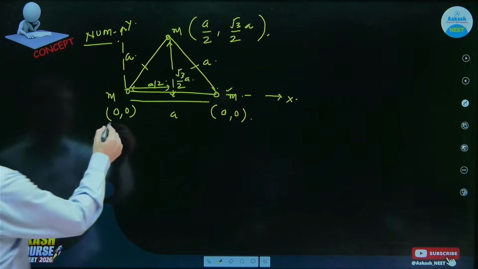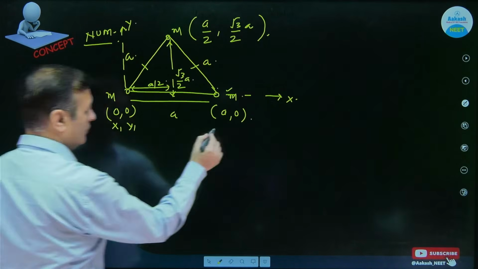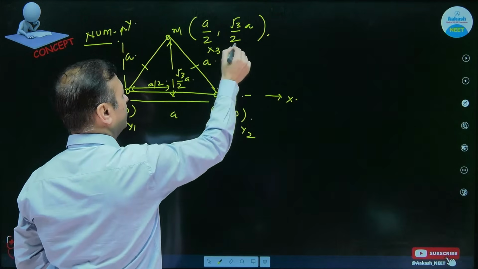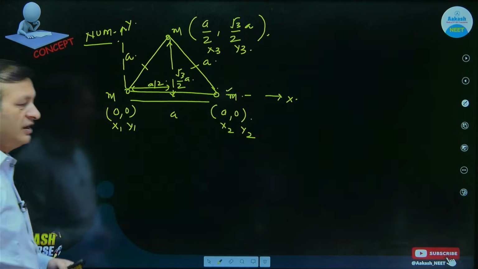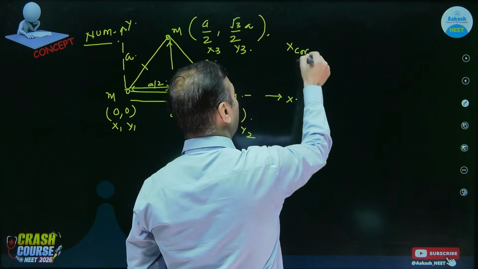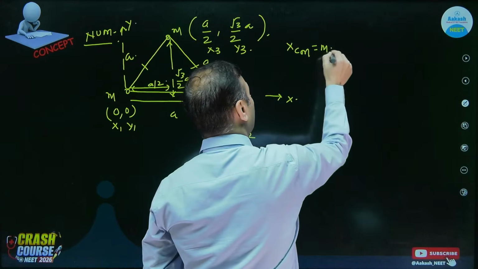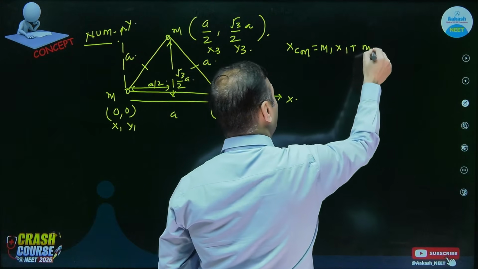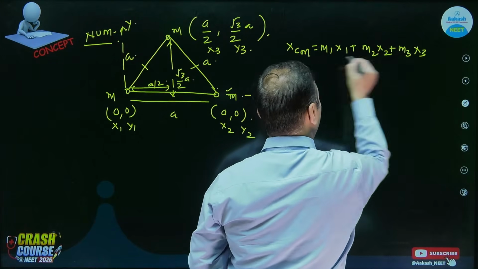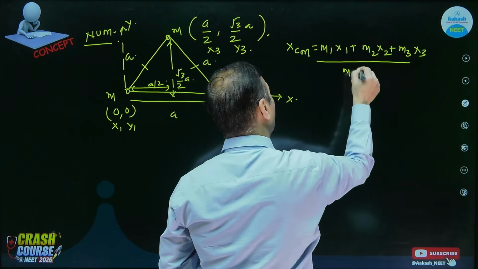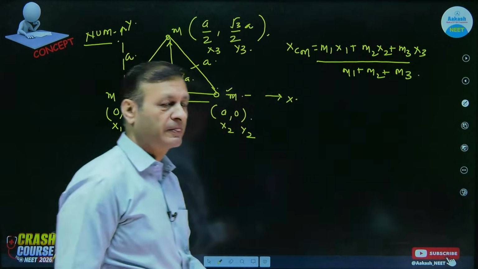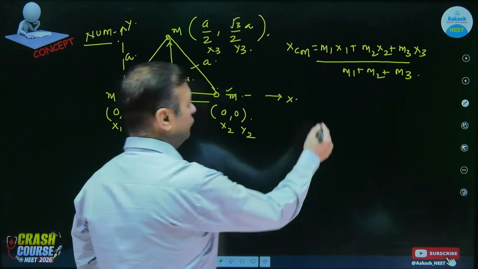So once you have x1, y1, x2, y2 and this is your x3 and y3, we can easily put the values. So what is the x coordinate? So this is m1 x1 plus m2 x2 plus m3 x3 divided by m1 plus m2 plus m3. Got it? So let's find out the value.